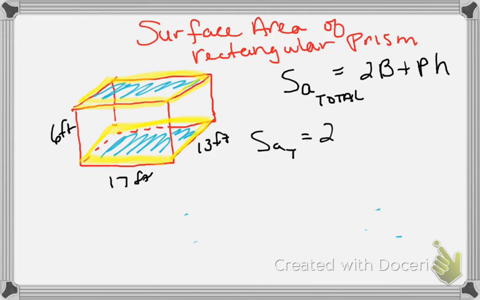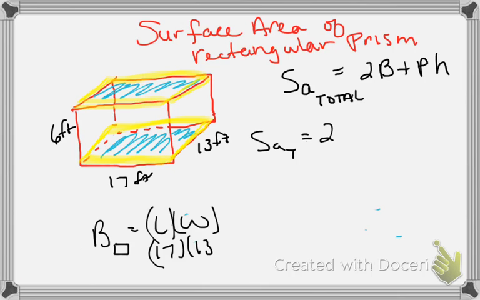Now the base is a rectangle here, so the area of that rectangle is length times width. In this case, it's 17 times 13. Using my calculator, 17 times 13, I get 221.